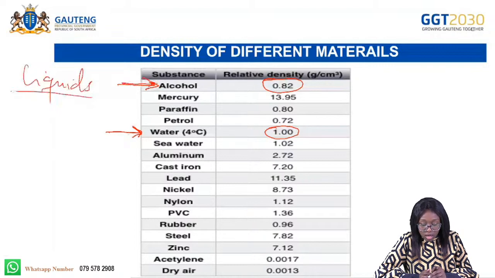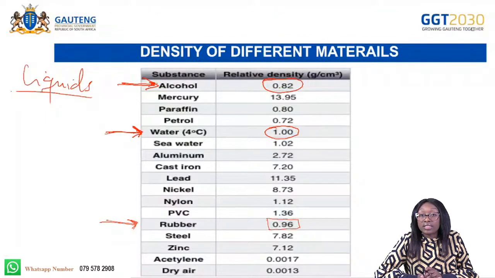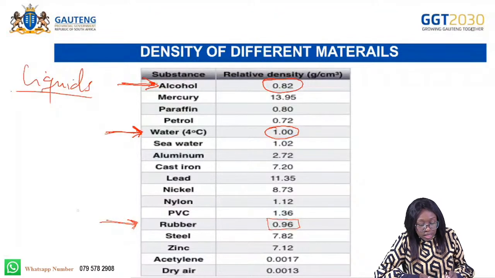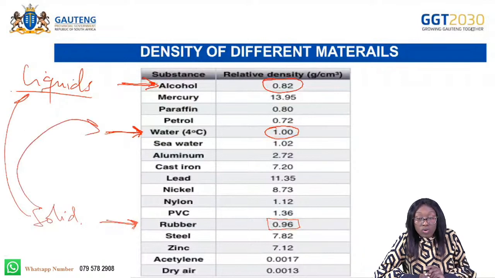If we compare water with a solid, we've got a solid here, rubber. Rubber has a density of 0.96, which means that even though it is a solid, it is less dense than the water.